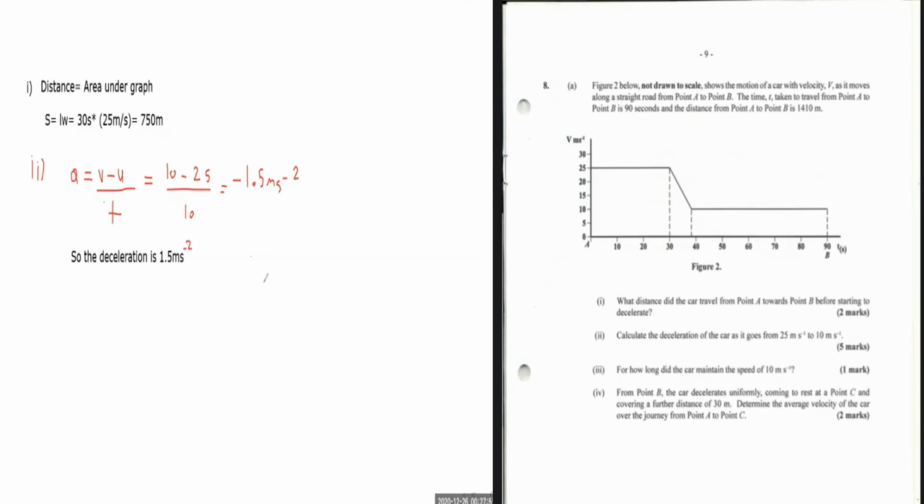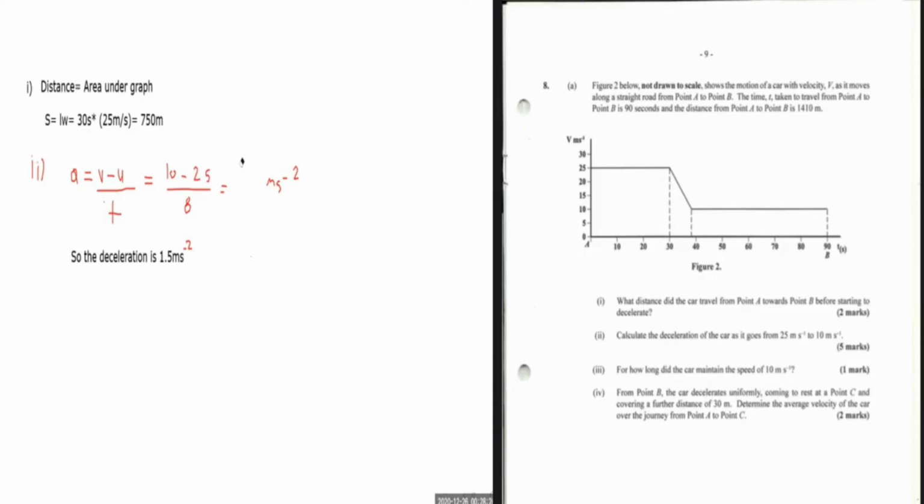Oh shoot, an error was made right there. According to the graph, that's not 40, that's actually 38. This is 38, so this should be 8 seconds. My sincere apologies, it should be 8 seconds. That's not 10, it doesn't reach 40 yet.